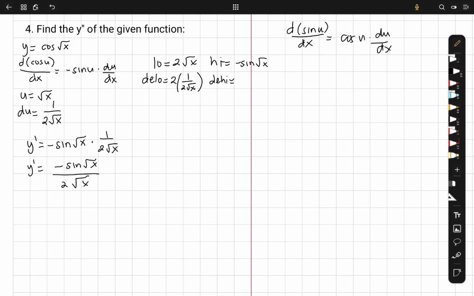So, our answer for that will be negative cosine of u, that's square root of x, multiplied by 1 all over 2 square root of x. So, the derivative of the high is equal to negative cosine square root of x all over 2 square root of x.